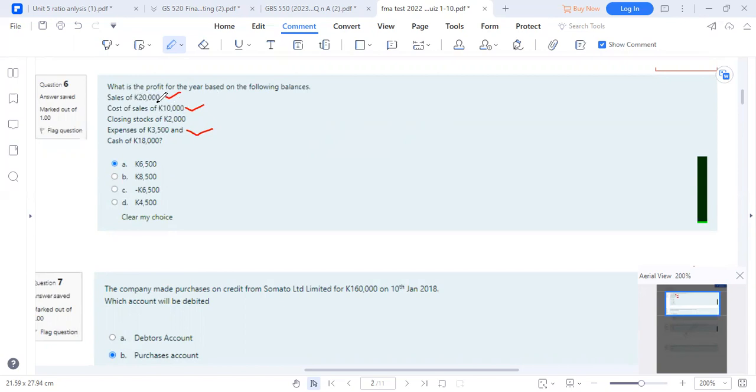Then when we subtract the cost of sales, what we get here is called the gross profit. So we have our gross profit of 10,000. Then when we subtract 3,500 from 10,000, we are going to get 6,500. These are the items that are just there to confuse you. They're not any part of the transaction. So our answer is 6,500.